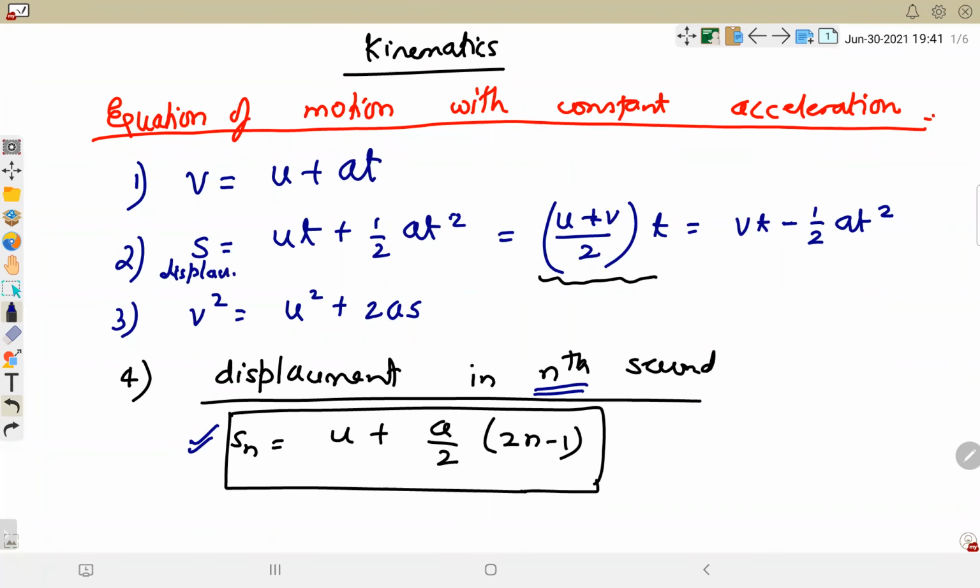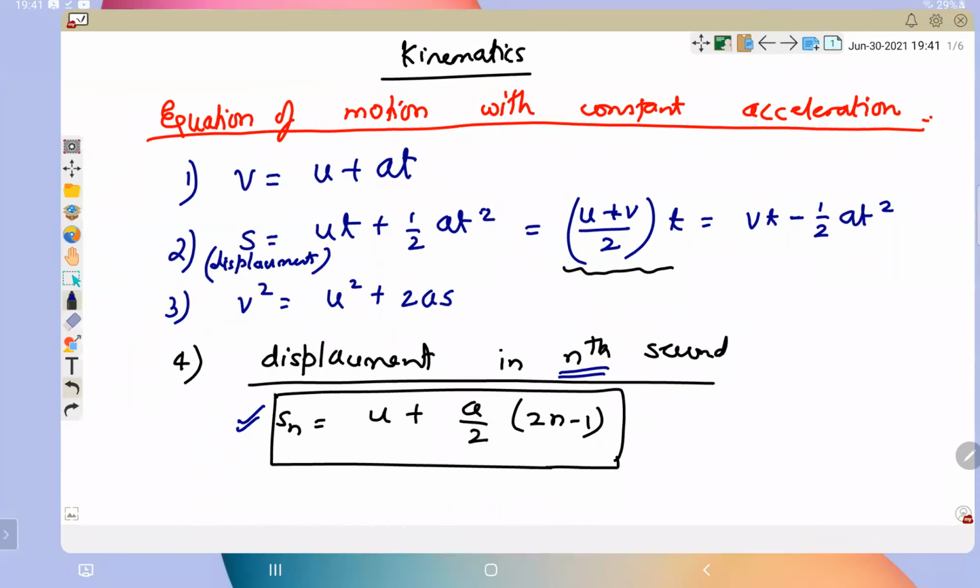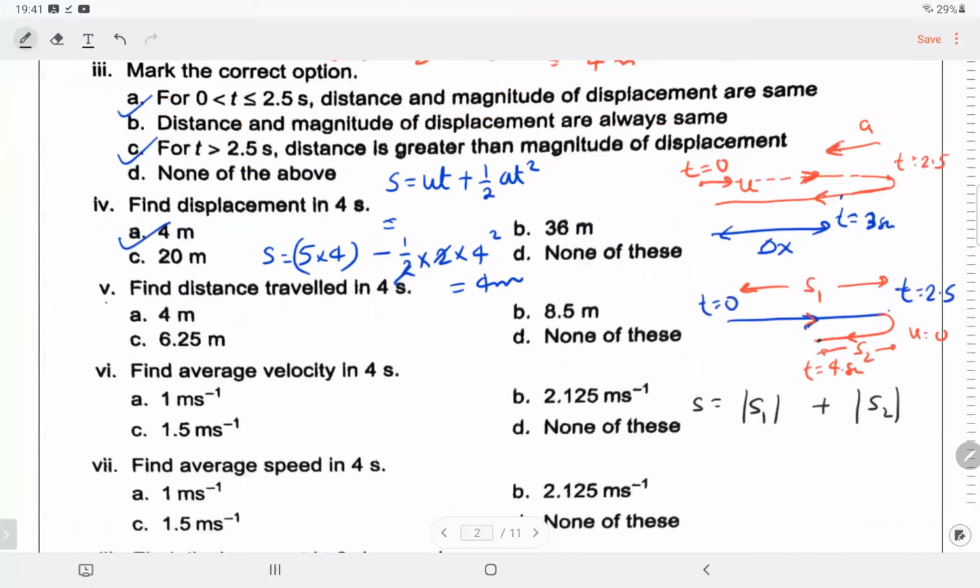Only if direction is not changing in a straight line, displacement will be equal to distance. So here, first we apply the first and second equations of motion for 0 to 2.5 seconds, and then from 2.5 to 4 seconds, that is a time interval of 1.5 seconds only.